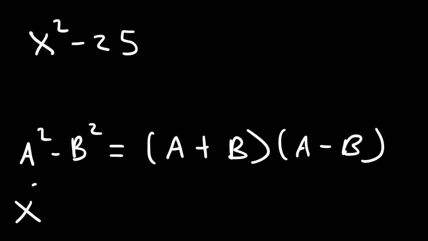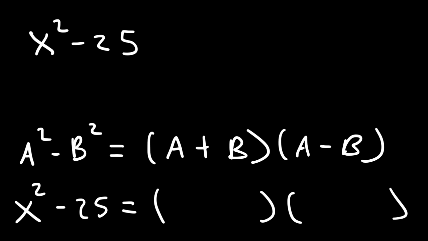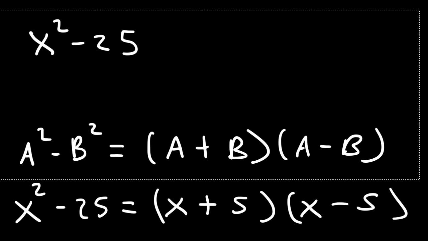So a squared is represented by x squared. B squared is 25. So a is the square root of x squared, which is x. B is the square root of 25, which is 5. So our answer is x plus 5 times x minus 5. And you could check it.